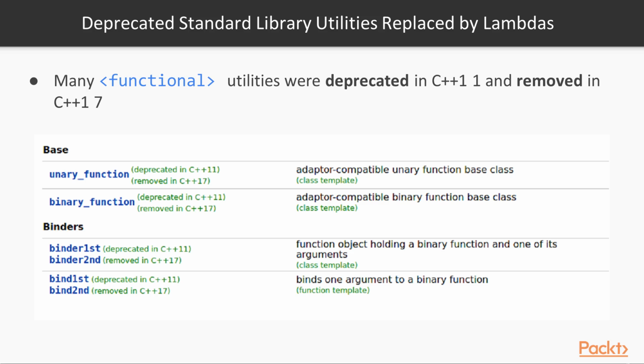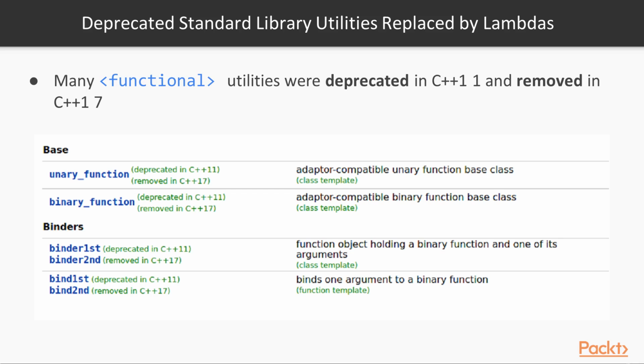Let's now take a look at some deprecated or discouraged standard library utilities that are replaced by lambdas. Many utilities in the functional header were deprecated in C++11 and removed in C++17. Here are some examples taken from cppreference. There were some classes called unary_function and binary_function that were adapters completely deprecated in 11 and removed in 17.